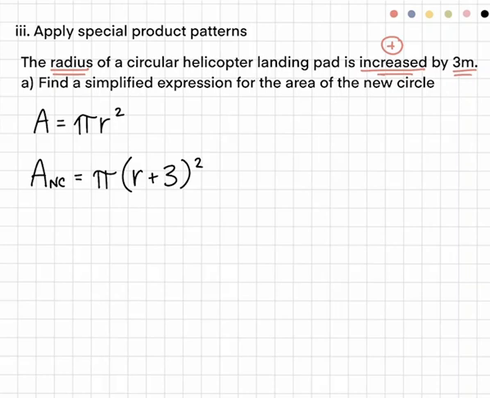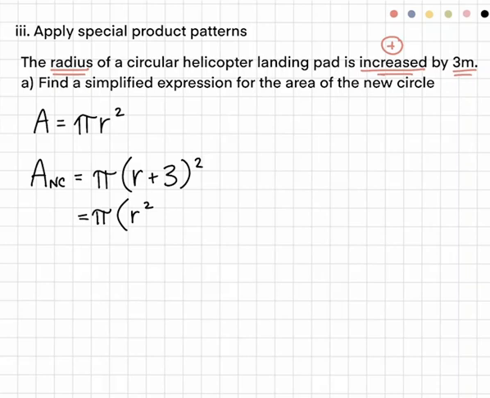So what can we do now? Well, we can deal with what's inside the brackets, because we can square this binomial. I'll continue to bring down my pi. So if we follow the steps from the patterns for squaring a binomial, we're going to square the first term.